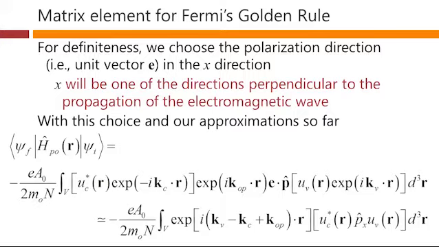We can multiply together all of the complex exponentials and put them all in this term here, and we're left with this part of the integrand, which is where all the real action is taking place in the momentum operator. Because this optical electric vector was in the x direction, the dot product of that with the momentum operator only leaves us with the x component of the momentum operator in this case.